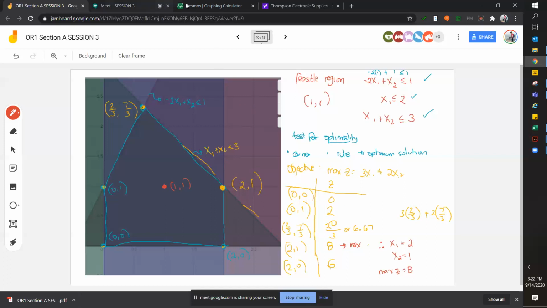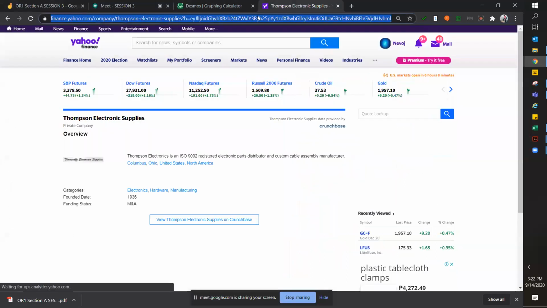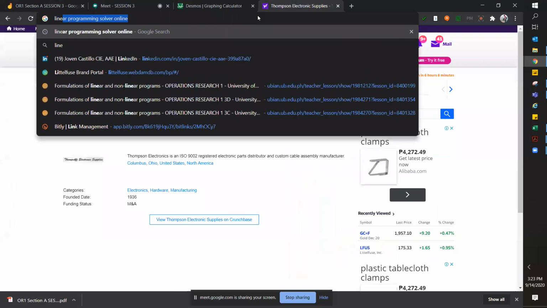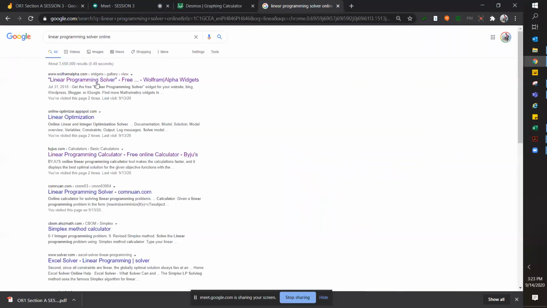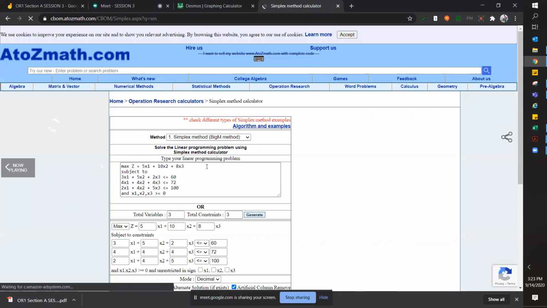Okay. So, again, you can always double check your solution. Pwede kayong mag-search ng linear programming solver. Okay. Ito, hindi ko pa ito natatry. Ayan, so subukan natin dito.